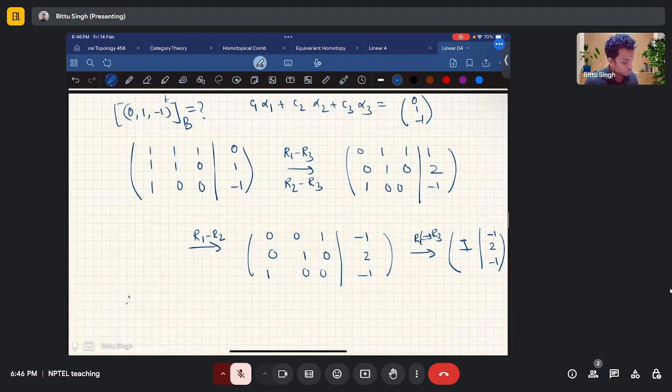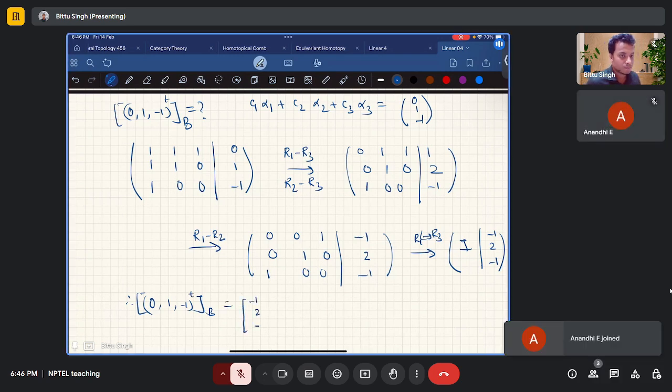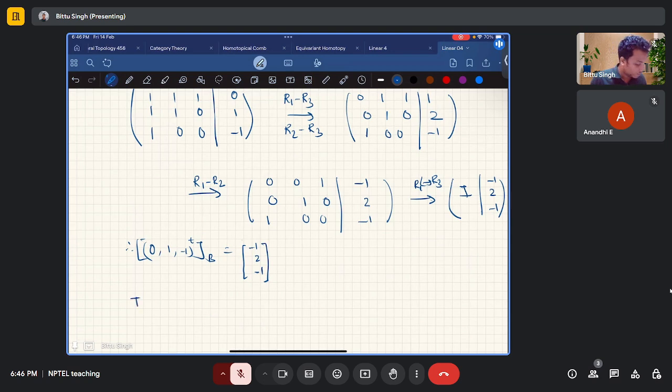So therefore 0, 1, minus 1 with respect to B is, in the new coordinate, minus 1, 2, minus 1. So we have successfully found the coordinate of 0, 1, minus 1 with respect to this new coordinate system. So T applied on 0, 1, minus 1 with respect to the new coordinate is the same as A applied on this coordinate minus 1, 2, minus 1.